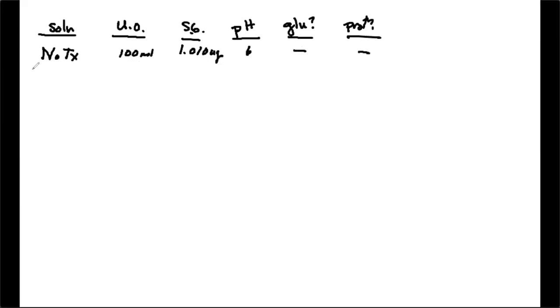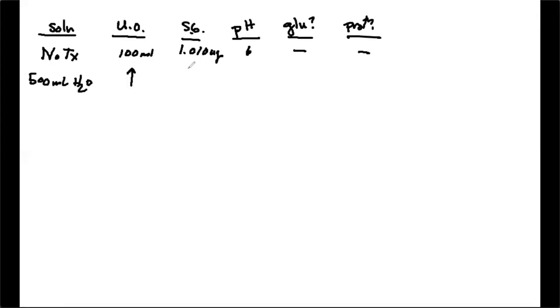What if someone drank 500 mils of water? Let's say they're already hydrated. What would happen to urine output? Urine output would increase, okay, because they're already hydrated, so they are dumping water in the urine.